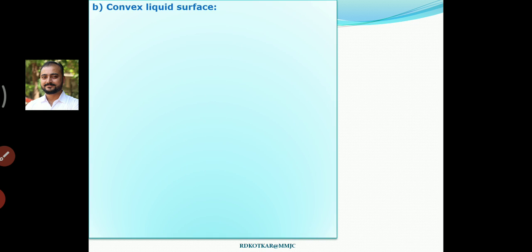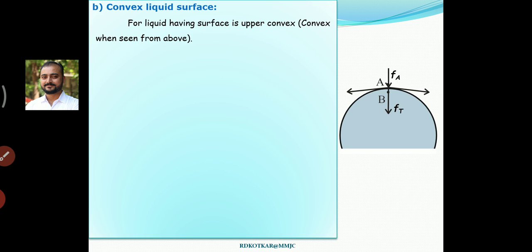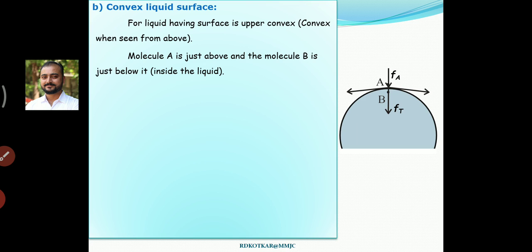The next point we have to discuss is the convex liquid surface. As you observe the diagram again, for a liquid whose surface is upper convex, which looks convex when you see it from the top, the molecule A is just above and the molecule B is just below it, inside the liquid.